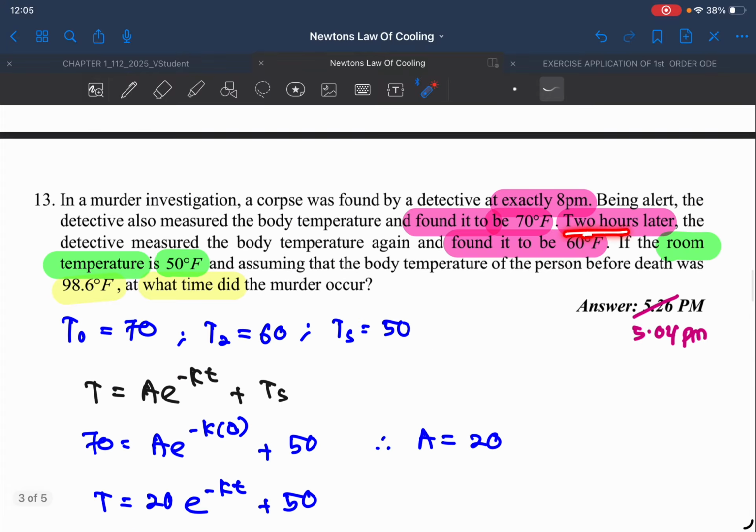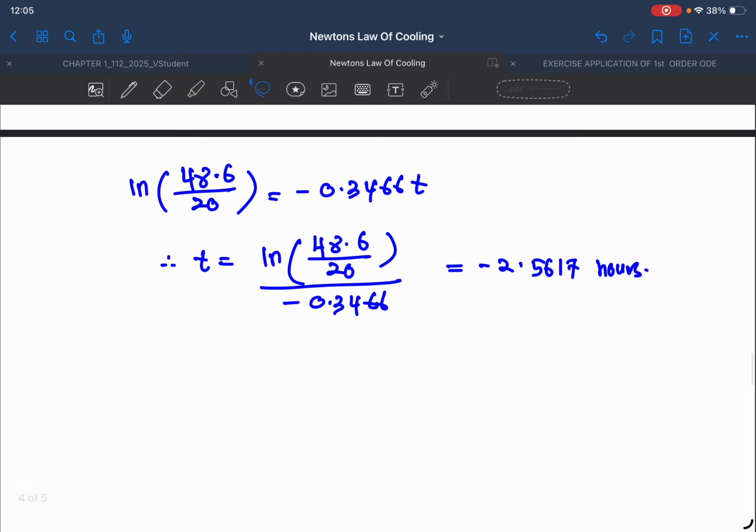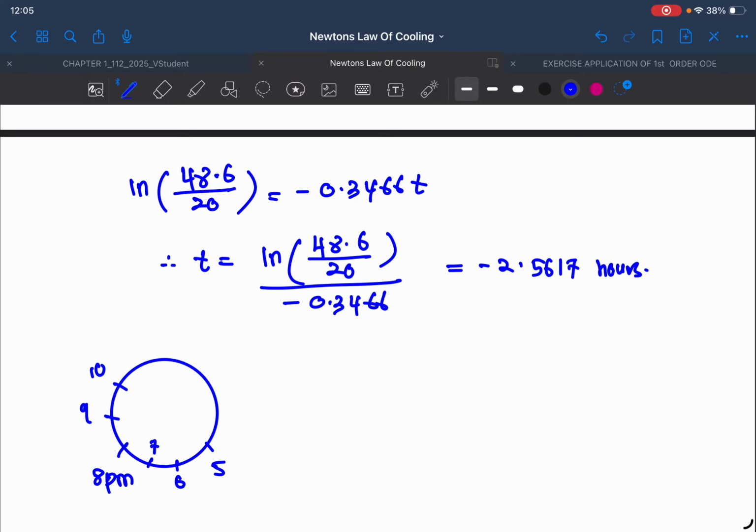Because we are talking about hours, it's mentioned here in terms of hours, so our t is also in terms of hours. But now we want to know what time the murder happened. We have the information that the police found the corpse at 8 p.m. Imagine that this is our clock: 8 p.m. here, this one is 9, 10, this is 7, 6, 5. So at 8 p.m. the police found the body.